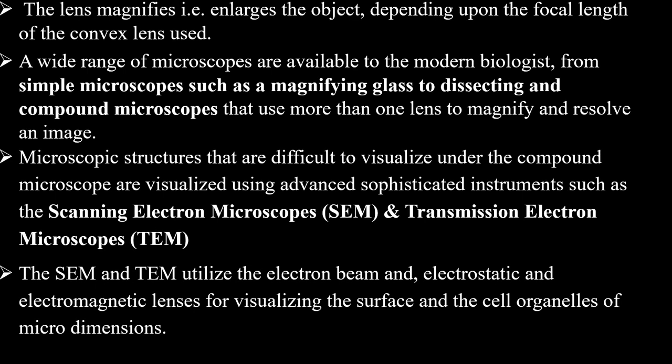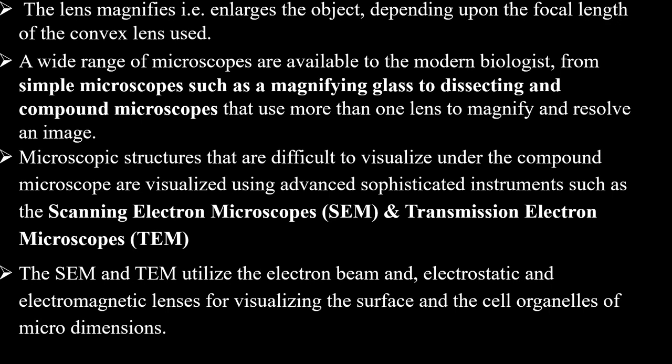A wide range of microscopes are available to modern biologists, from a simple microscope such as a magnifying glass to dissecting and compound microscopes that use more than one lens to magnify and resolve an image.